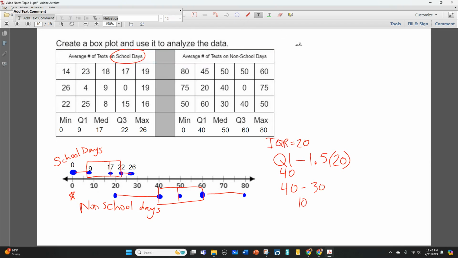If I'm asked to draw some conclusions here, what does this data tell me? Well, we definitely send a lot more texts on non-school days.